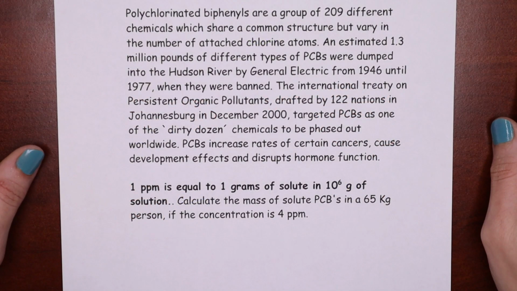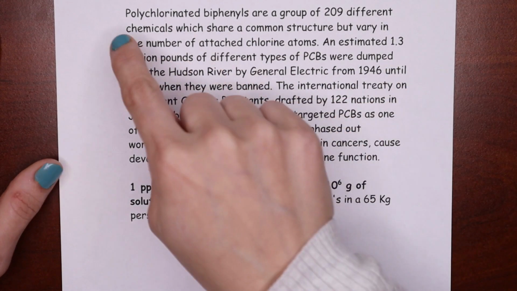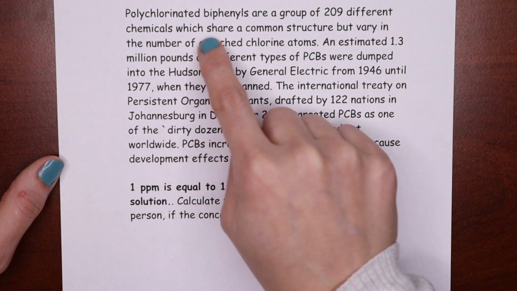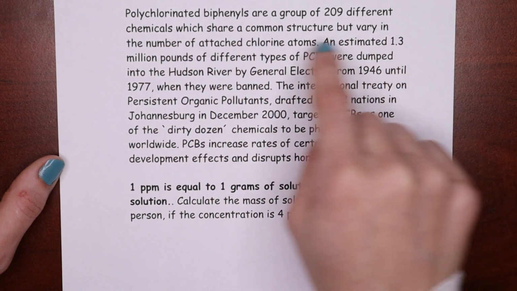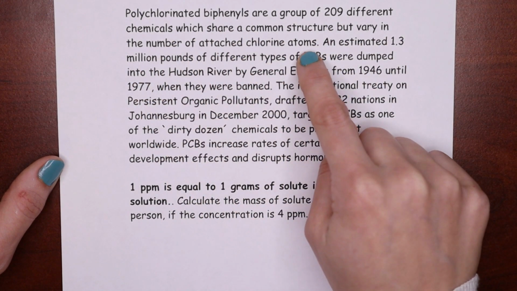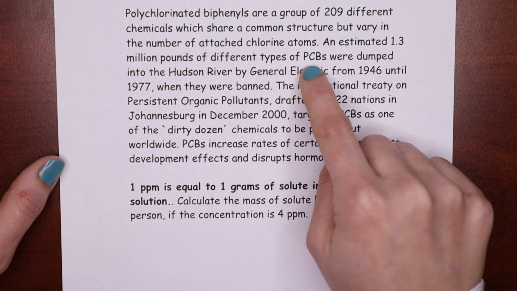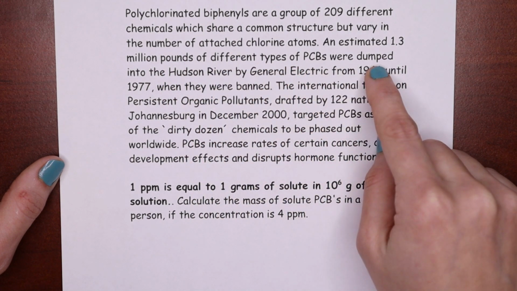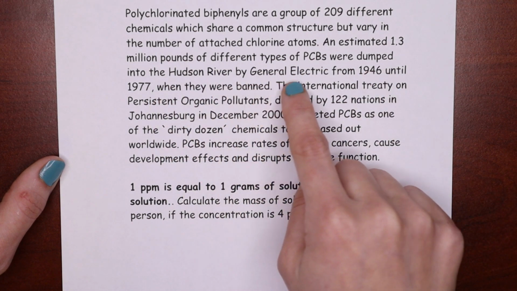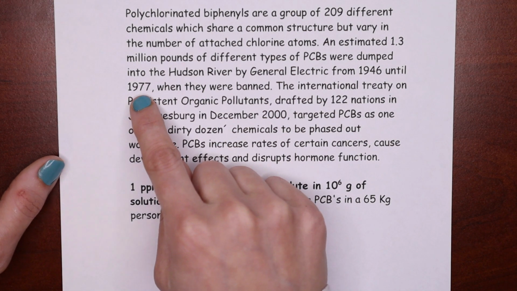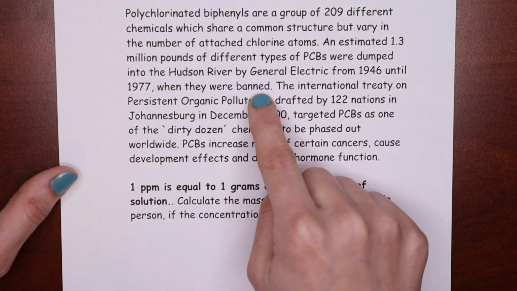Okay guys, here's the next question, and it says, polychlorinated biphenyls are a group of 209 different chemicals which share a common structure but vary in the number of attached chlorine atoms. An estimated 1.3 million pounds of different types of polychlorinated biphenyls were dumped into the Hudson River by General Electric from 1946 until 1977, when they were banned.